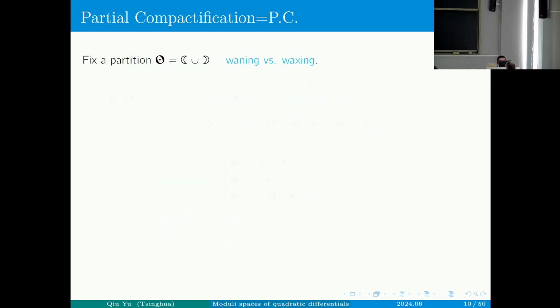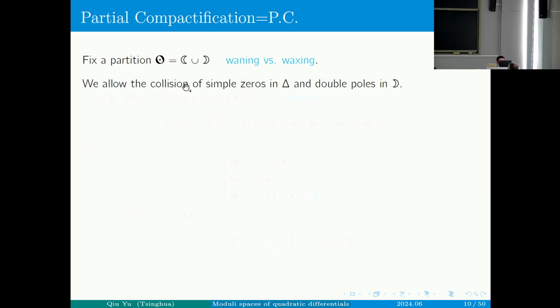And moreover, after we have this moduli space, we want to do some partial compactification. At this point it's maybe a bit weird, but later I will provide a couple of motivations. So first, we want to take a partition of the set of punctures, which I denote by left and right moon, maybe also called waning and waxing.